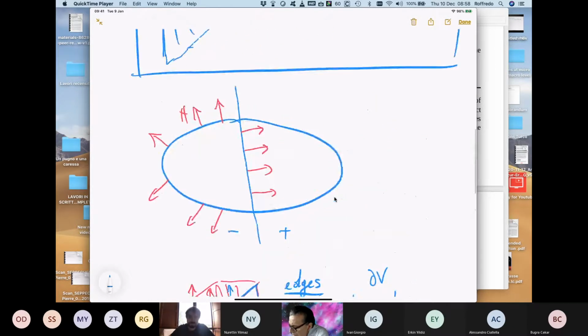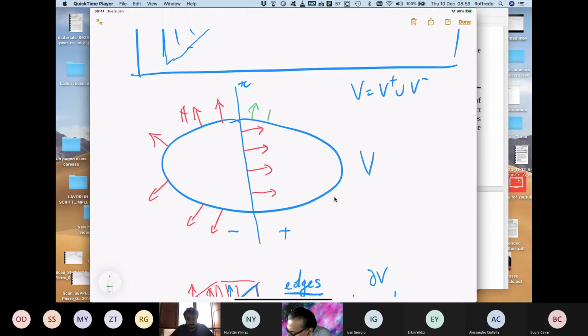Okay, so let us have now our volume V, and you have the side minus and the side plus. Why? Because you have introduced a plane pi, and this plane is cutting the volume in two parts. So V is equal to V plus union V minus.